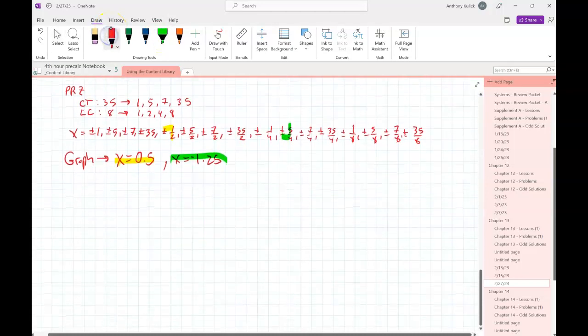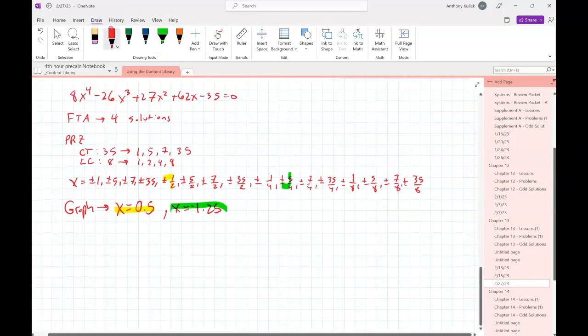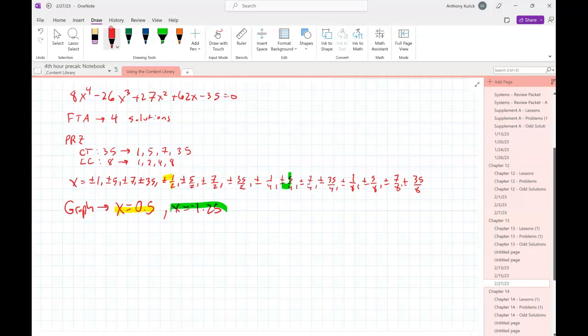Let's start synthetic division. Which one do you want to start with? Does it matter? Probably not. I say probably not because in rare situations it might matter, but not ones that you'd expect to see in this class.